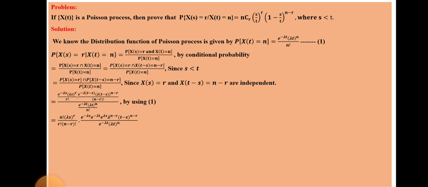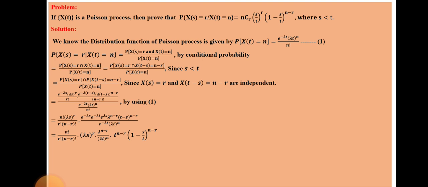We are splitting all those things: first e^(−λs), then λ^r s^r, then λ^(n−r) (t−s)^(n−r). Grouping, we get e^(−λs), e^(−λ(t−s)), and e^(−λt), where minus into minus plus gives e^(λs).